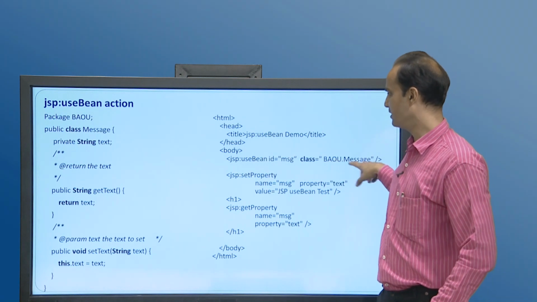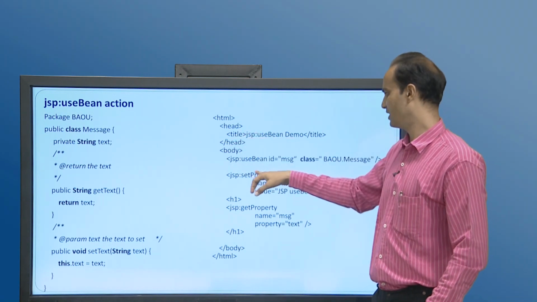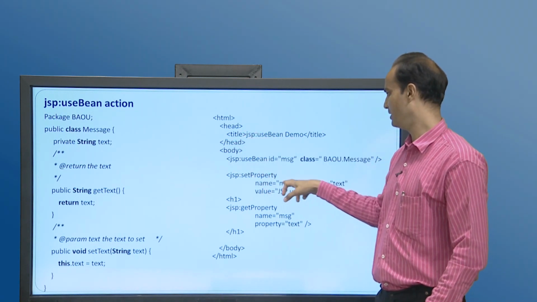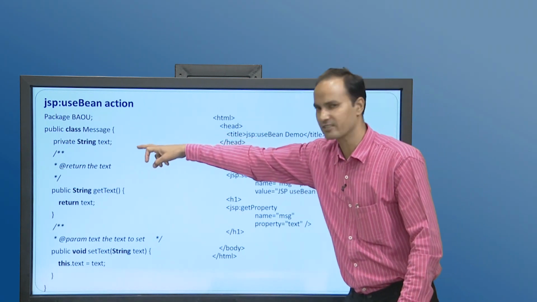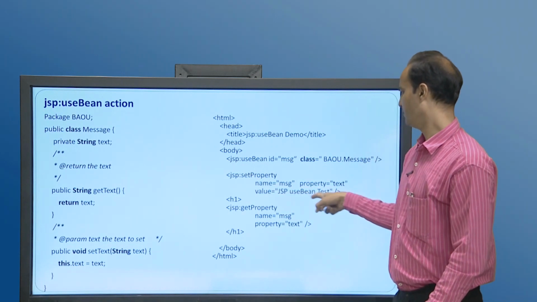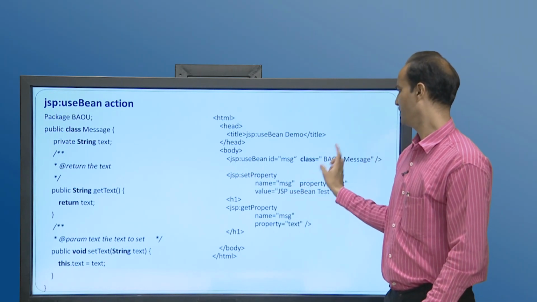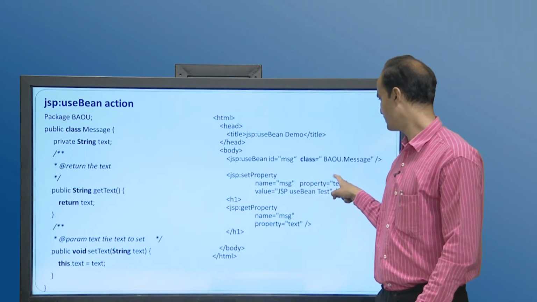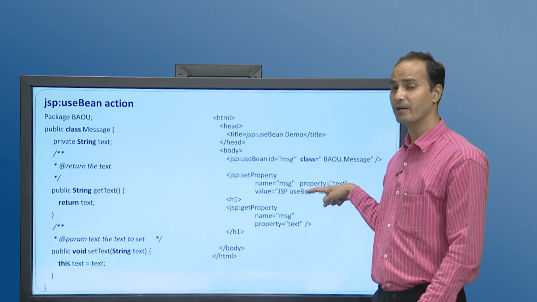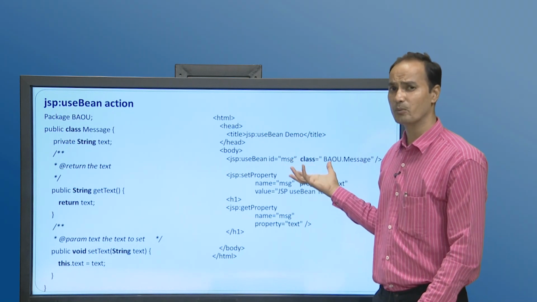Once it is defined, you can set it. With jsp:setProperty, name is equal to msg, property is equal to text, because it has a text property, and the value of that particular text. The setProperty will set the value of a particular specified property, but how does it identify which bean property is to be set?